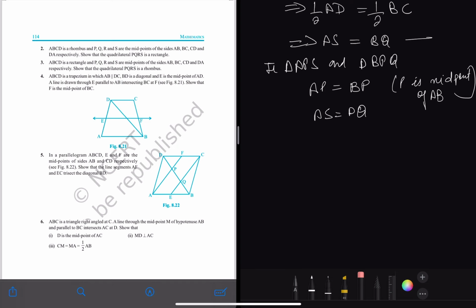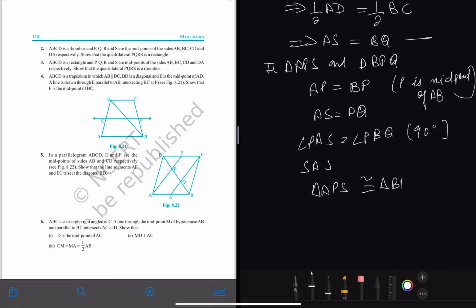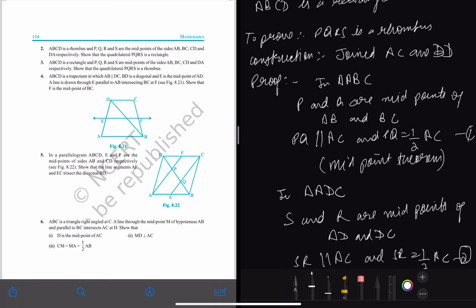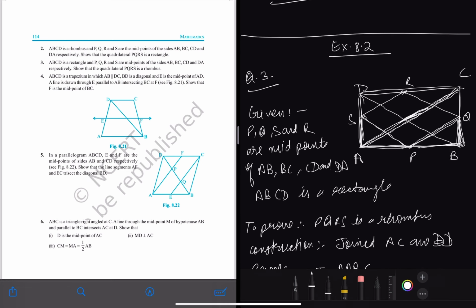Next we can show that angle PAS is equal to angle PBQ because ABCD is a rectangle and these are both 90 degrees. So by the SAS congruency rule, triangle APS is congruent to triangle BPQ. So from here PS is equal to PQ via CPCT.